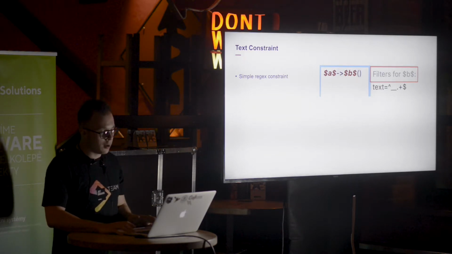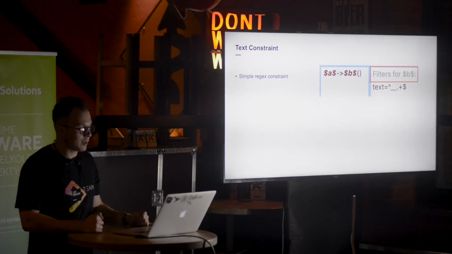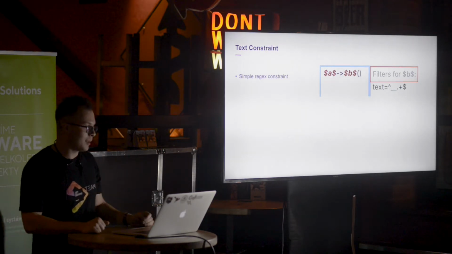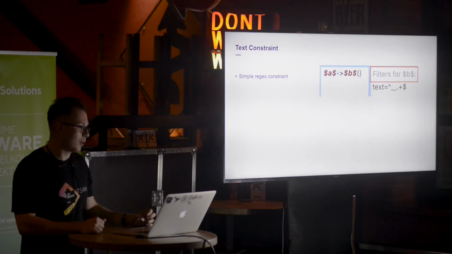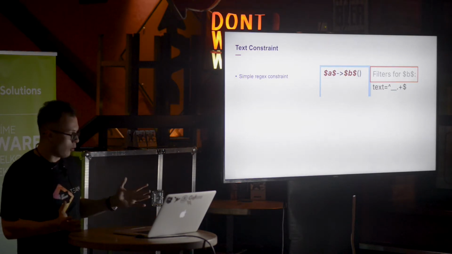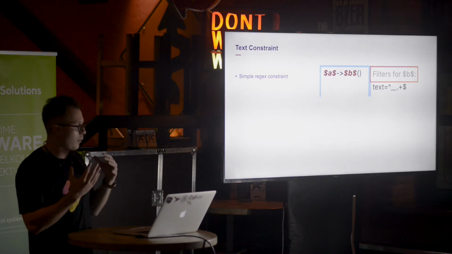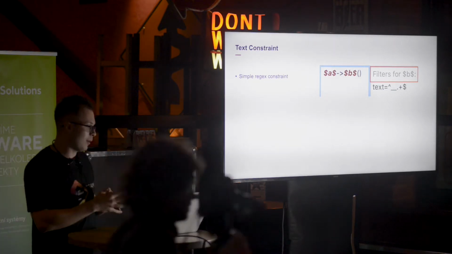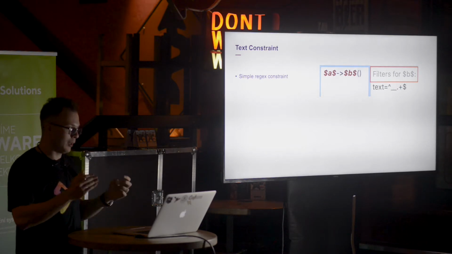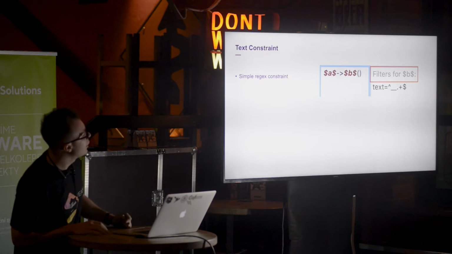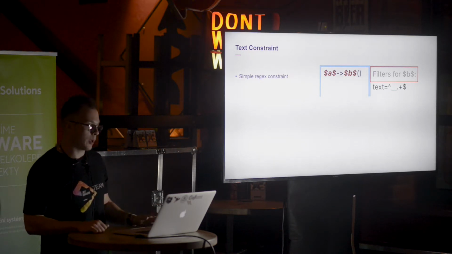As you can see, here we specify for which variable we provide the constraint. In this case, we are searching for a method call of any object, with methods that start with 2 underscores. So this text equals is actually a regular expression.